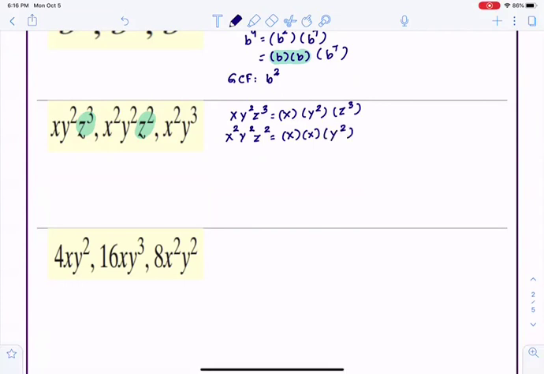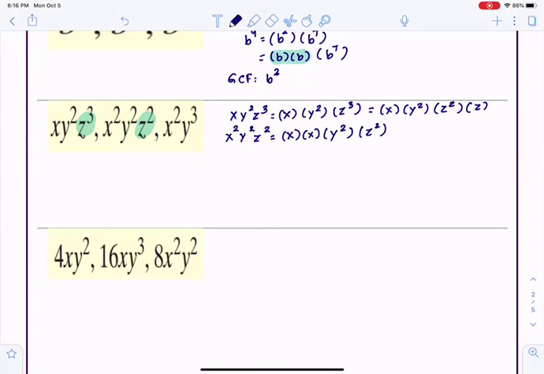And z squared has a smaller exponent compared to z cubed, so I'm just going to leave it as z squared. I can go back and rewrite the z cubed as z squared times z, even though it is not going to make a difference in this problem, because z is not common in all three terms.